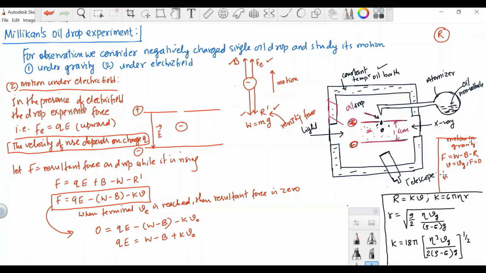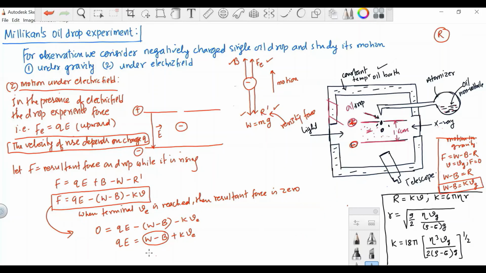Therefore W minus B equals R, and R is K times Vz. So this W minus B is replaced by K times Vz.